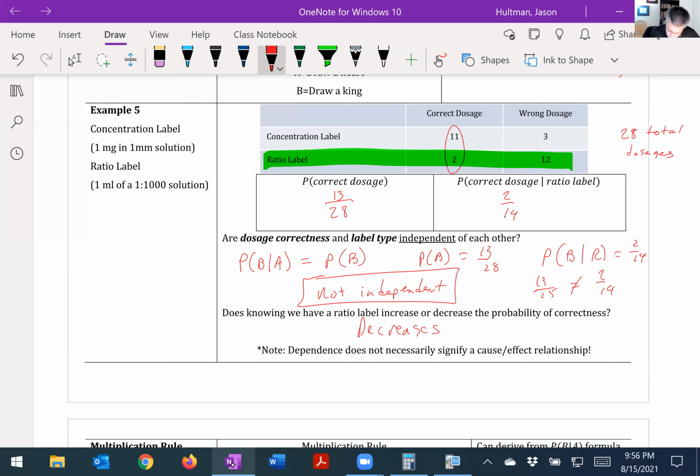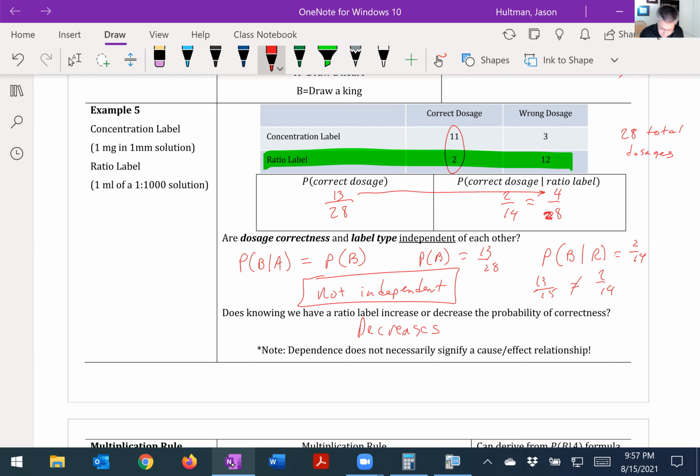The way we would see that this decreases, which may be harder to see, is that if we doubled this, I would get 4 out of 28, right? Just knowing the correct dosage, we get 13 out of 28. But going to the ratio label, we end up with 4 out of 28 for the correct dosage. So that was a decrease. It went from 13 to 4.